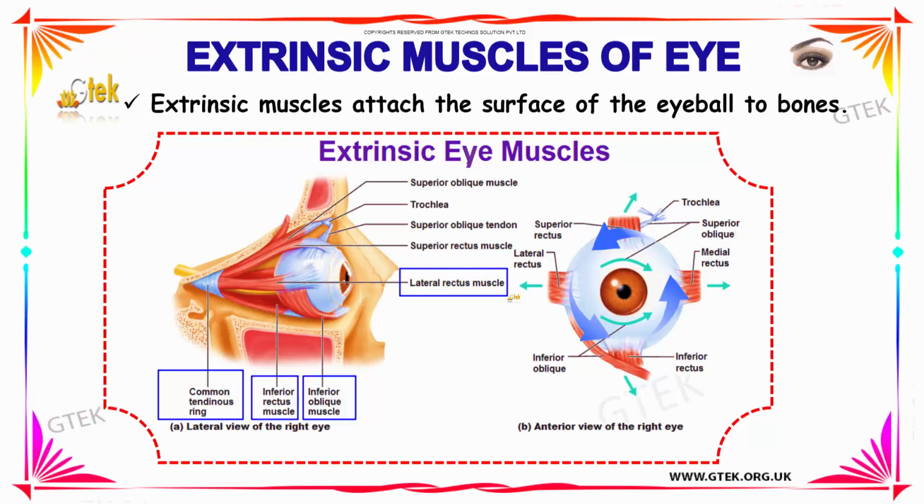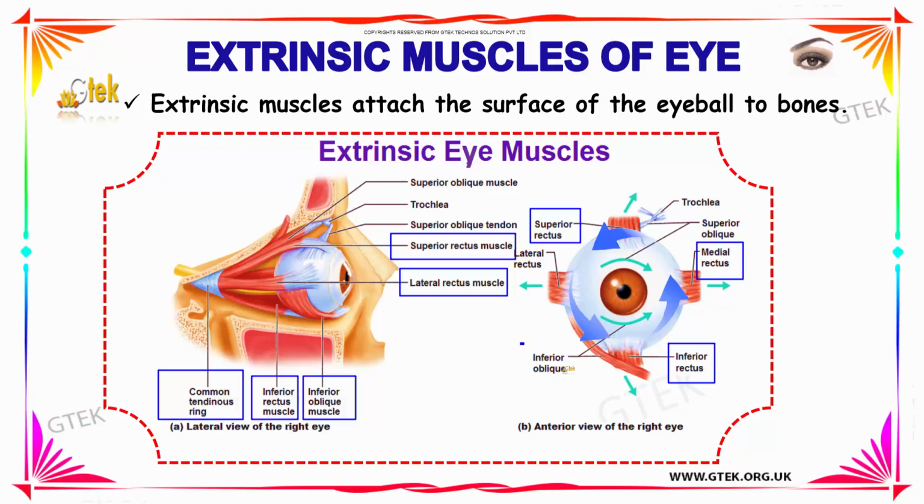You have your lateral rectus muscle. Over here you can see in your anterior view that your lateral rectus muscle is over here. To the right of the eye, you have the medial rectus muscle. Then you have your superior rectus muscle, which is located on the top of your eyeball, and your inferior rectus muscle is located down to the eye.